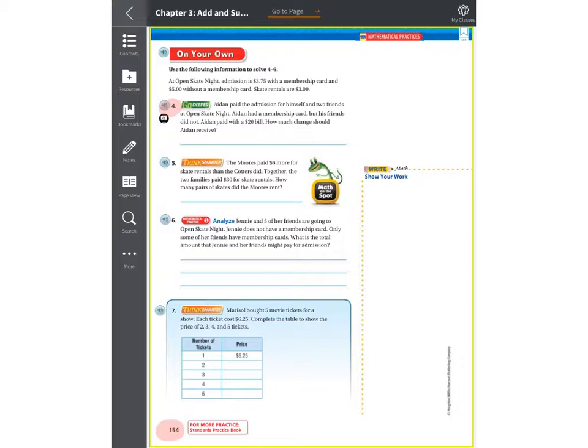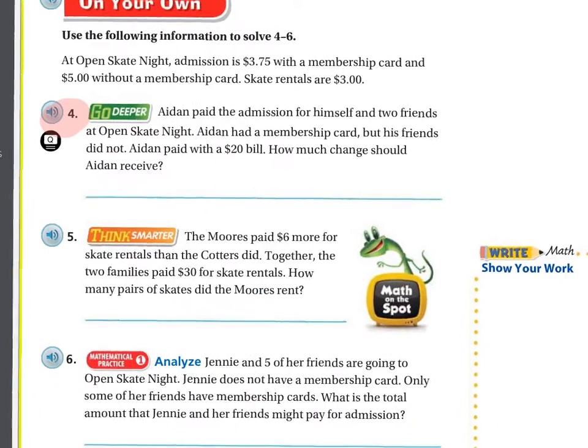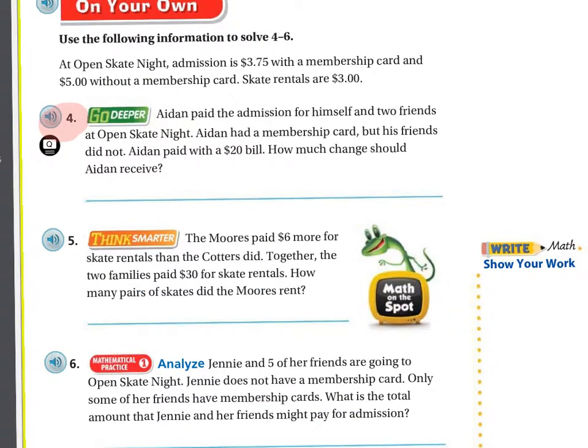Okay. So let's go ahead and read this problem. Aiden paid admission for himself and 2 friends at open skate night. Aiden had a membership card, but his friends did not. Aiden paid with a $20 bill. How much change should he receive?